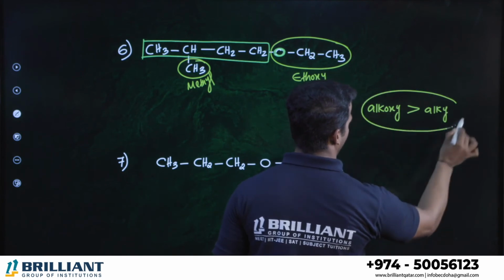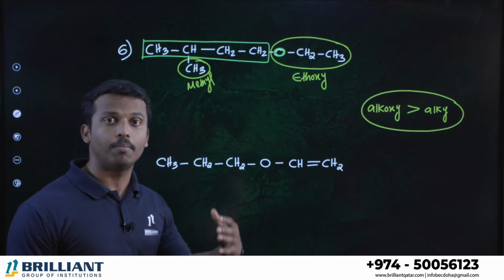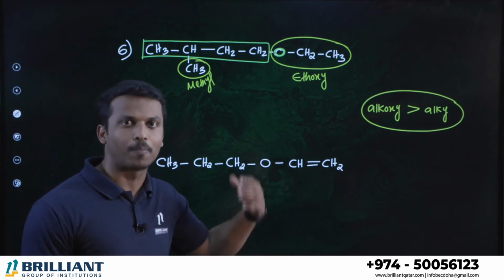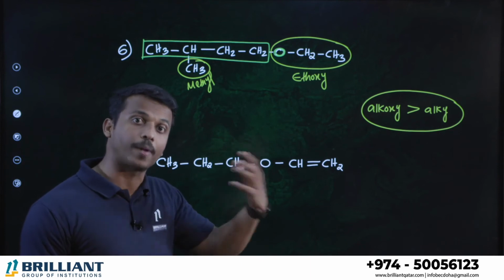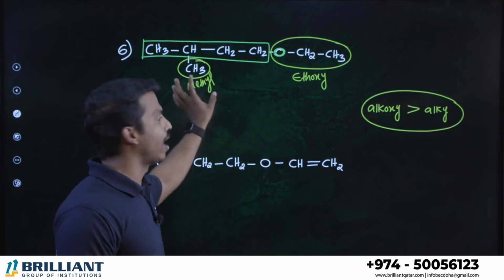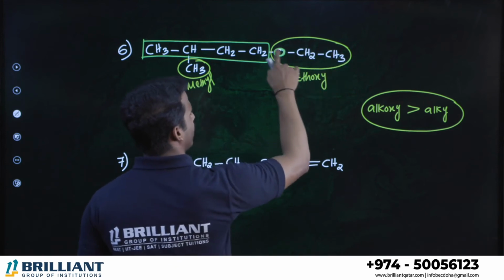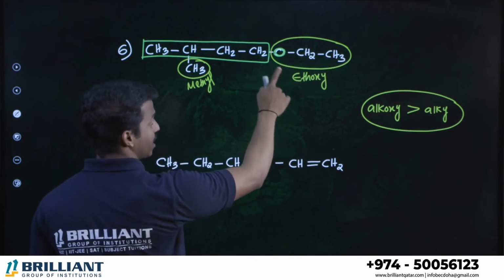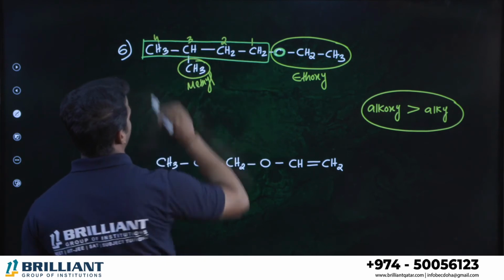Very important point. What is alkoxy? Methoxy, ethoxy, propoxy, isopropoxy. Those kinds of groups have more priority than a normal alkyl group. So this is the ethoxy group here. It should get the lowest number because this is the highest priority group. Number 1, 2, 3, 4.